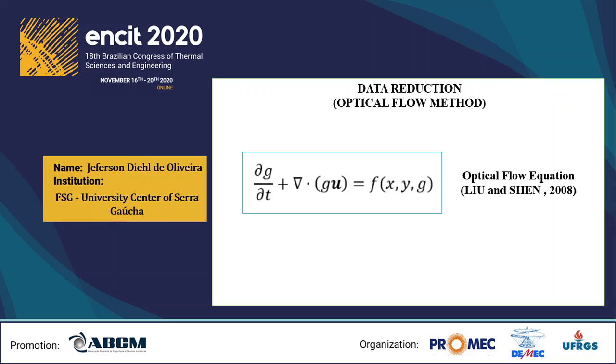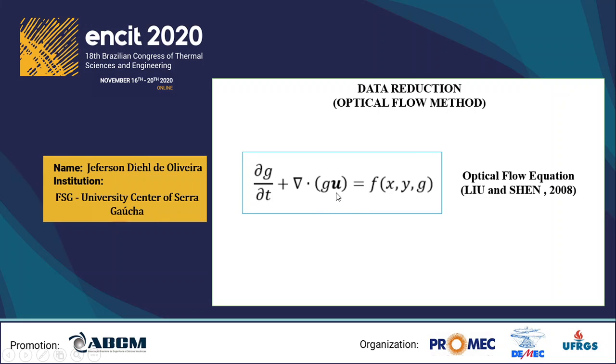On optical flow methods, the optical flow method is based in this case on the optical flow equation developed by Liu and Chen, considering the optical flow for different flow visualizations, which is given in terms of image coordinates, where G represents the normalized image intensity, proportional to the radiance received by the camera, and U corresponds to the optical flow.